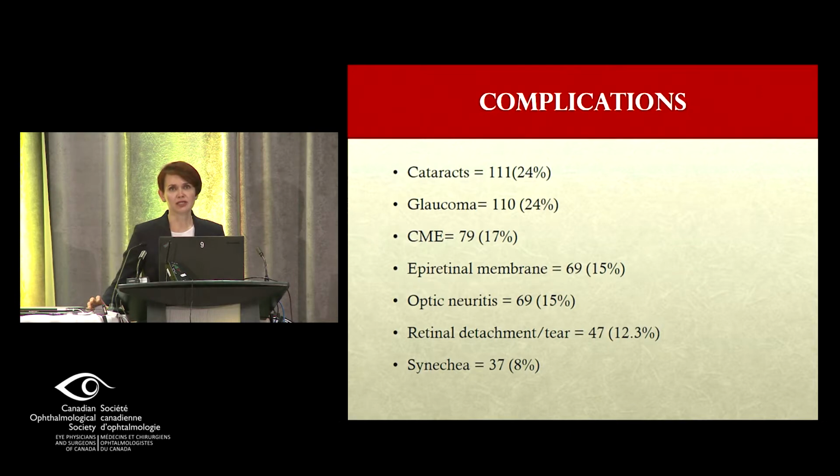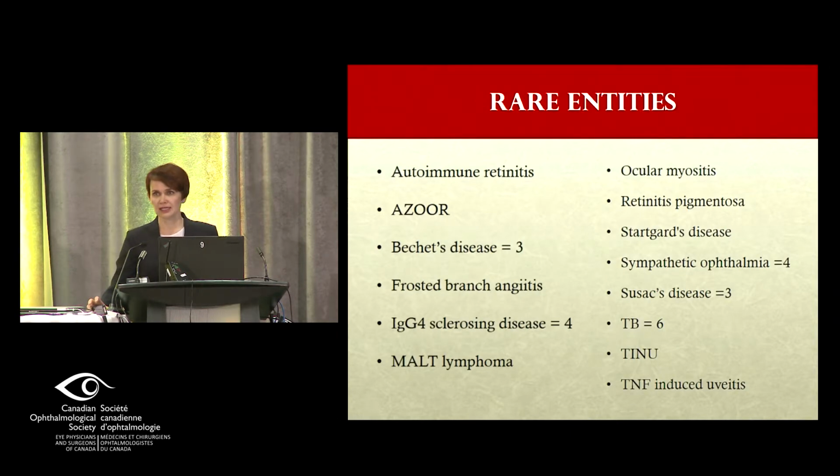Looking at the particular etiological entities, I already mentioned that most of those people have either sarcoidosis or rheumatological diseases, but we also had rare entities and more reportable cases, one of a kind.